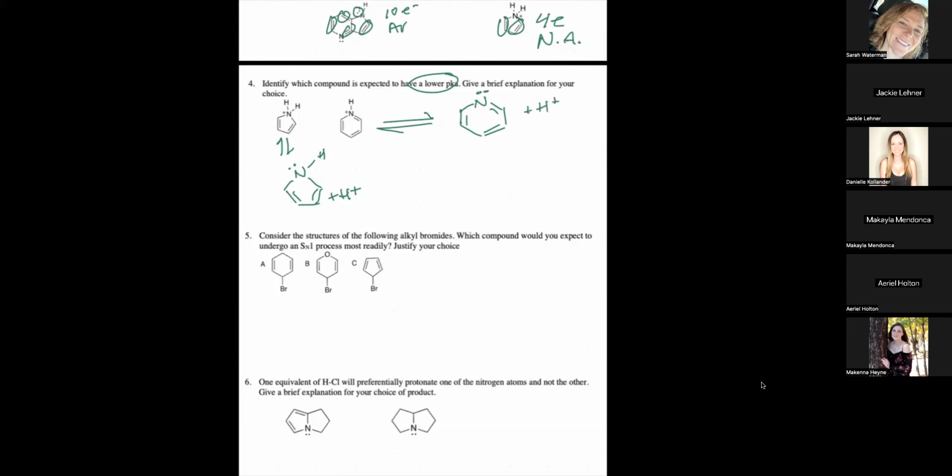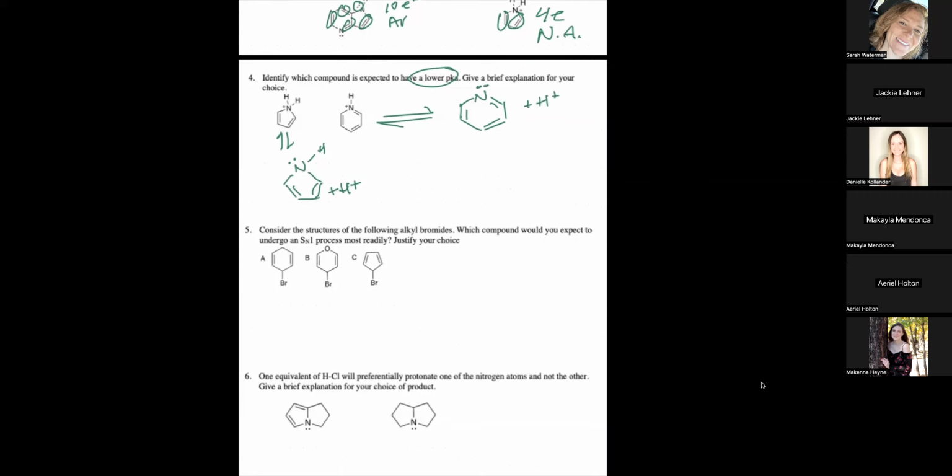So how you want to think about that is, this first one here is non-aromatic because it's a non-conjugated system, right? This one is aromatic, right? Because we have a conjugated system.